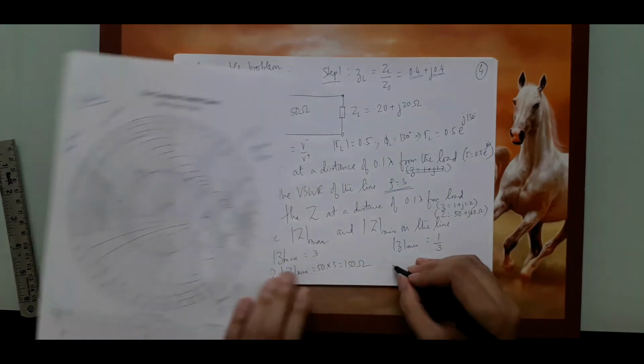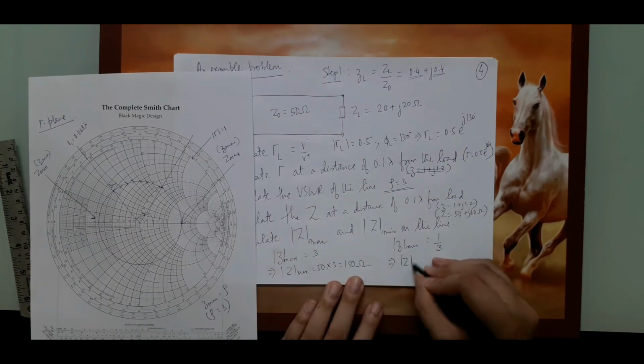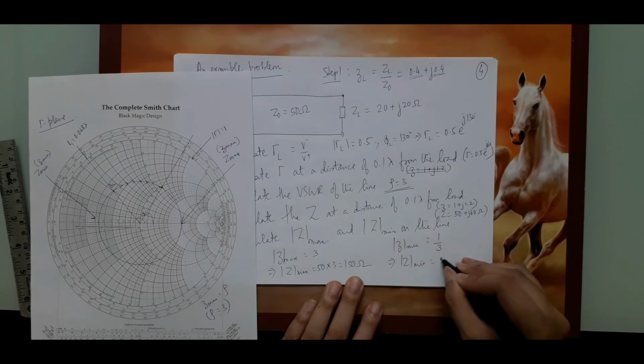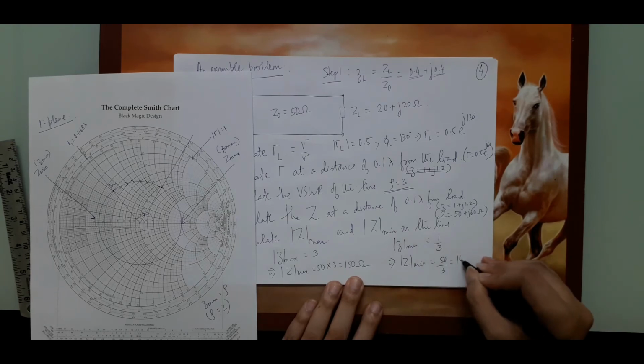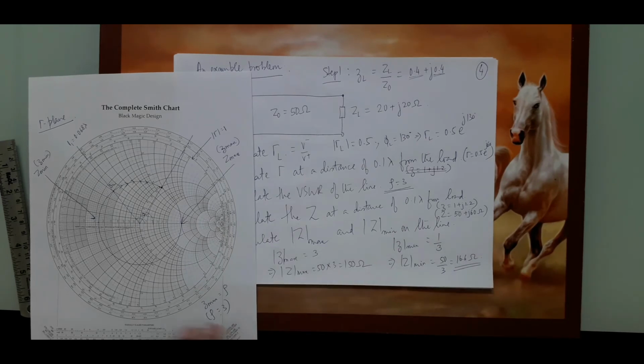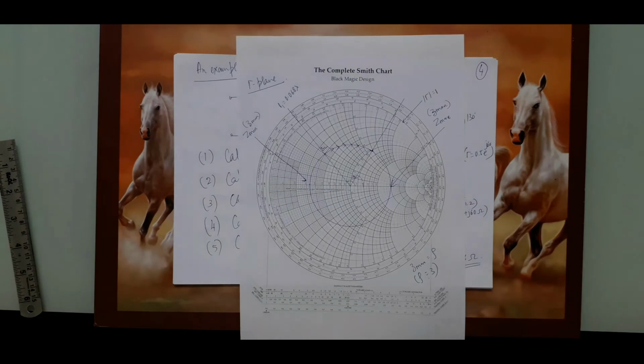So that means absolute z min will be 50 by 3 or 16.6 ohms. That's all there is.